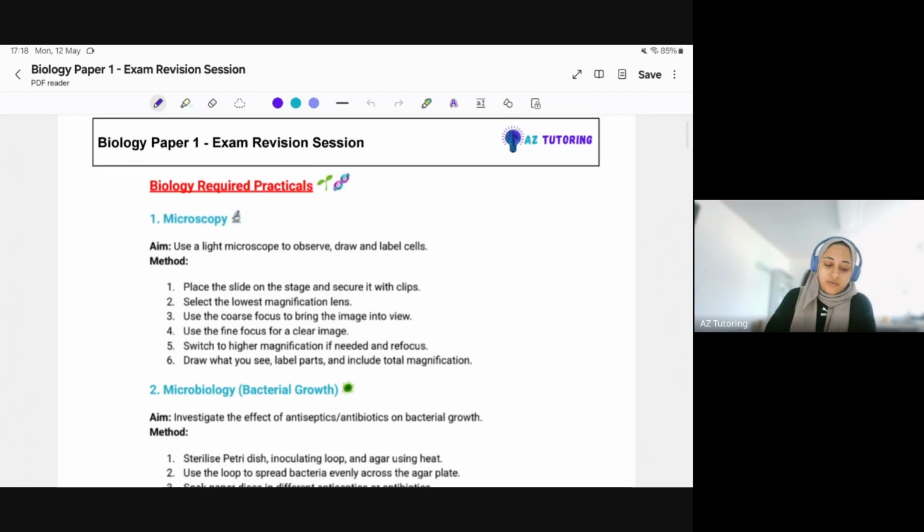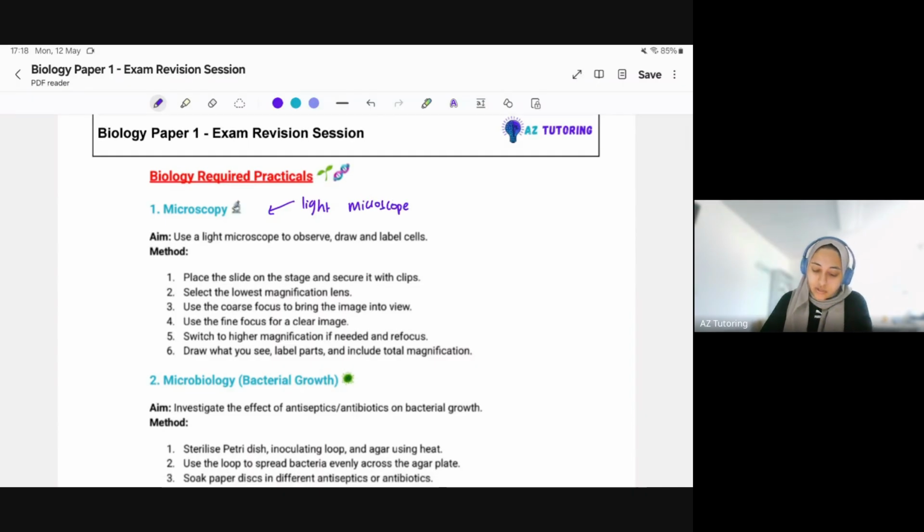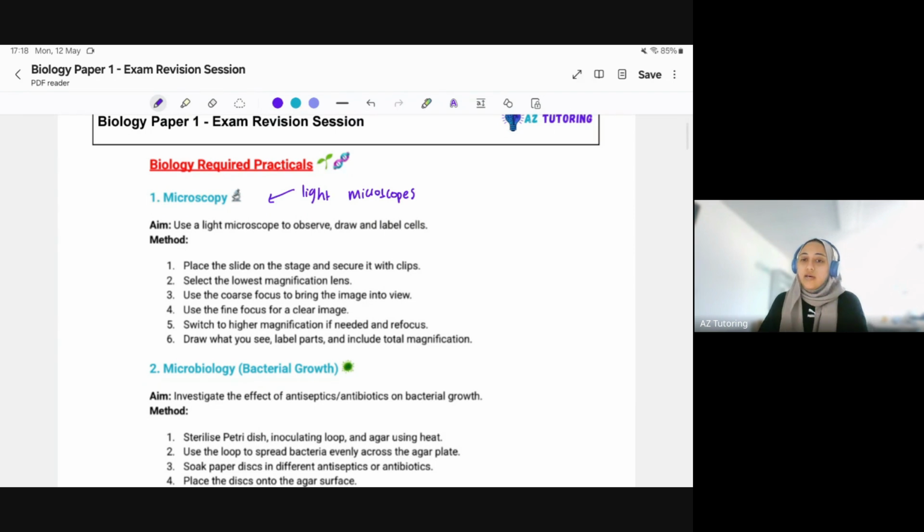Microscopes has not appeared in the exams for quite a while. So understand how light microscopes work in particular compared to electron ones. Light microscopes, remember, are the ones that are cheaper to run. They're the ones that you see in school, whereas electron microscopes are firing electrons at the specimen.